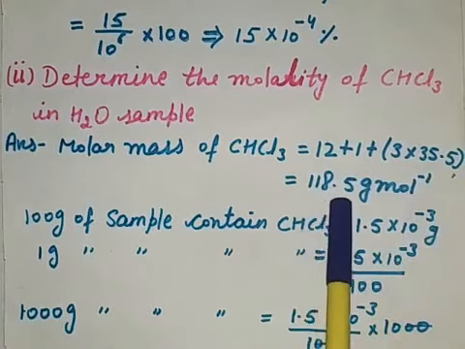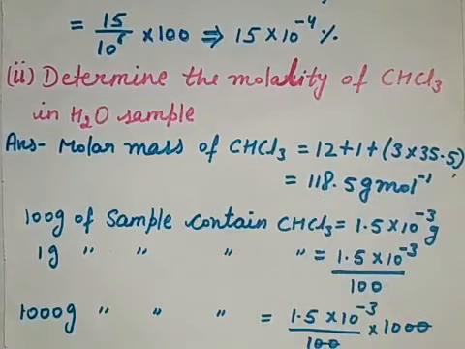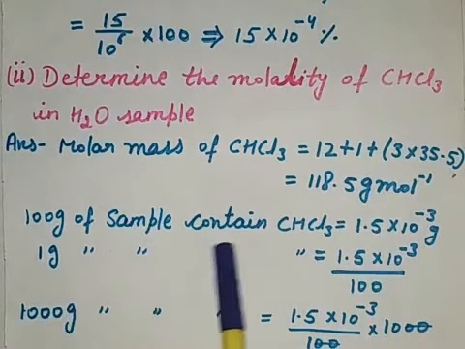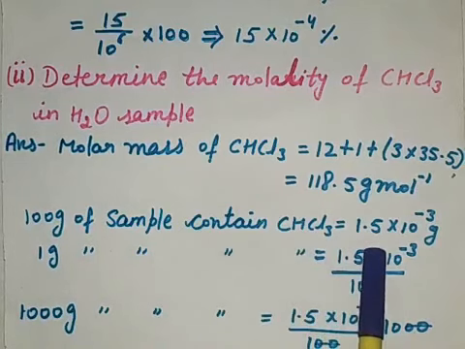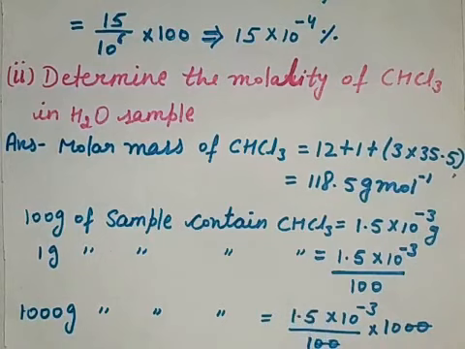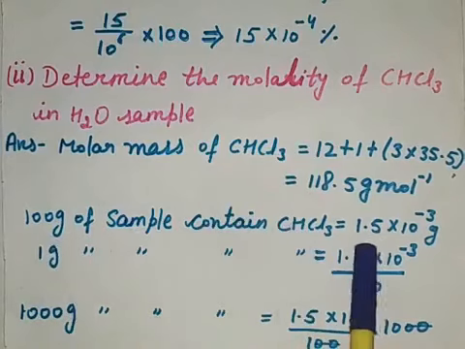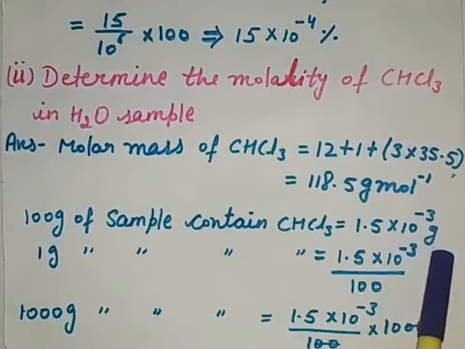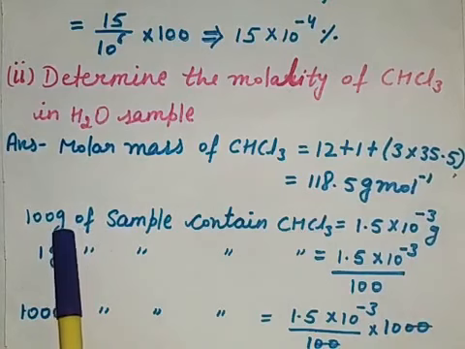It is 118.5 gram mole inverse. Now 100 gram of sample contains chloroform equal to 1.5 into 10 to the power minus 3 gram, because from the first part we came to know that 1.5 into 10 to the power minus 3 gram is present in 100 gram.